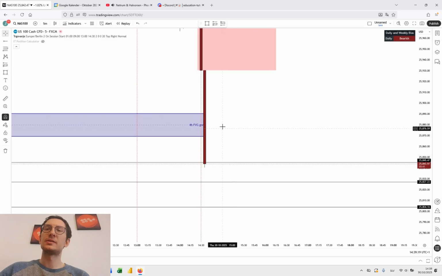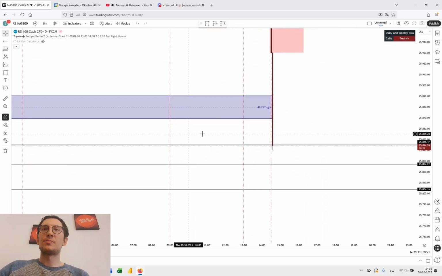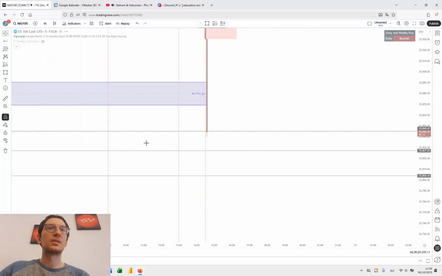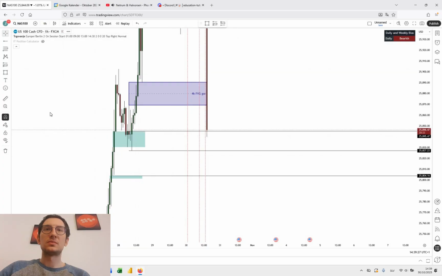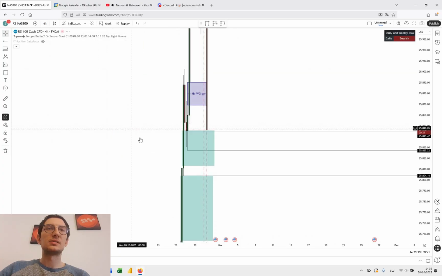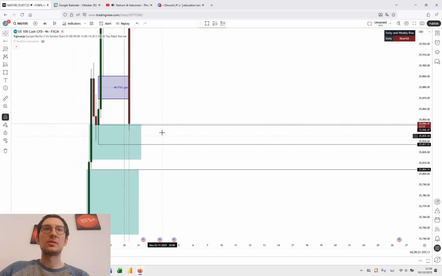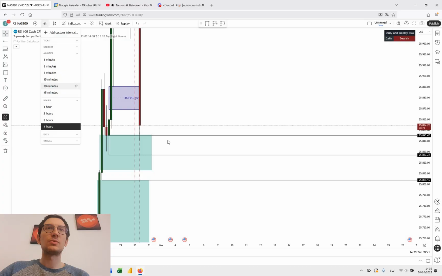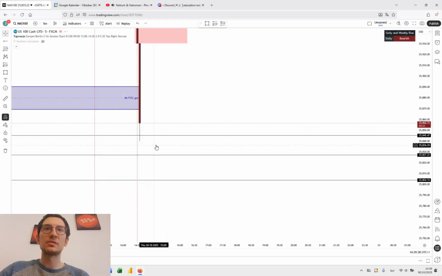Okay, we hit it as well. Stock market is falling like crazy, eh? Let's see here on the 4 hour. Okay, we hit that fair value gap. Now we seem to be bouncing a little bit.